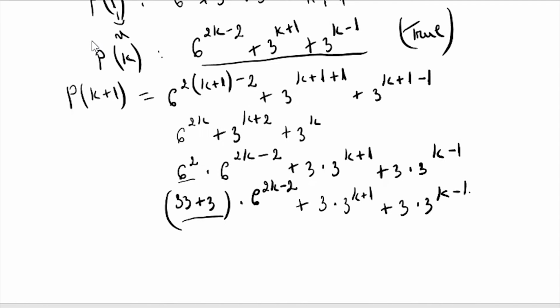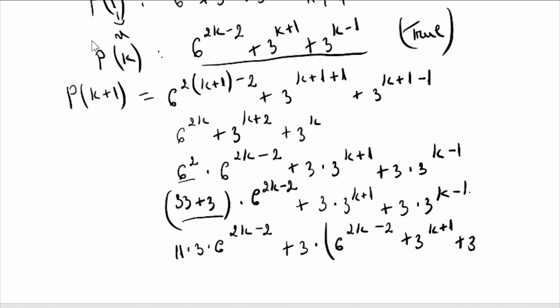Also, we have in here 11 multiplied with 3 multiplied with 6 to the power of 2k minus 2 plus 3 multiplied with 6 to the power of 2k minus 2 plus 3 to the power of k plus 1 plus 3 to the power of k minus 1.